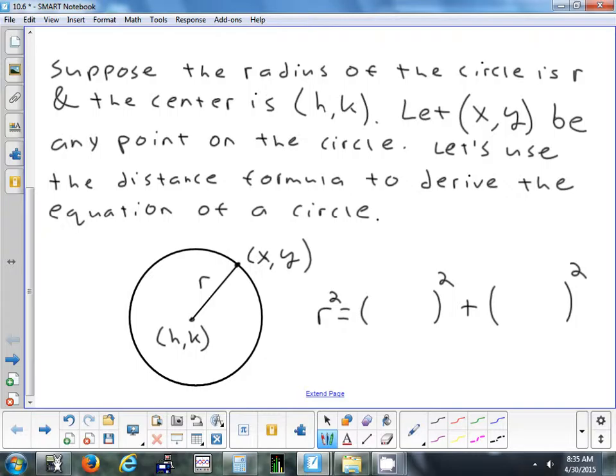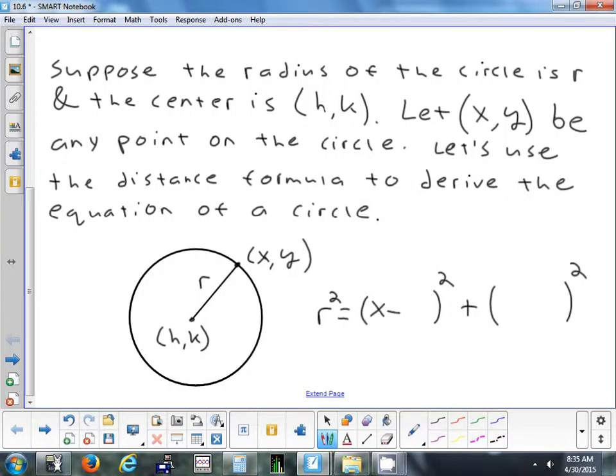Again, think of this as your first x value and this as your second x value. And what you would do with this is subtract. Yep, h minus x. So we could write it that way, but let's write it x minus h, just because x is a bigger number in this case, further to the right, and we'll do minus h.